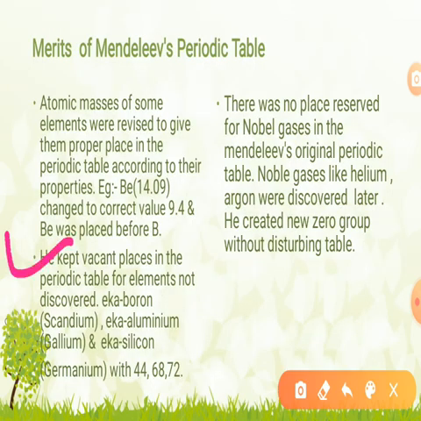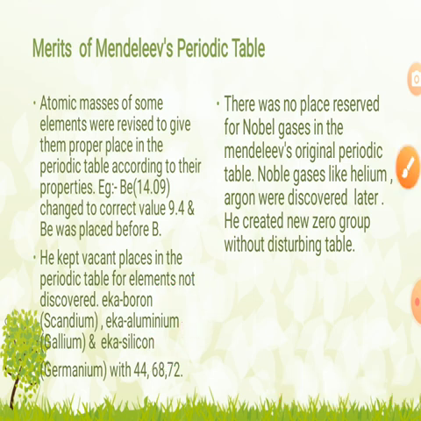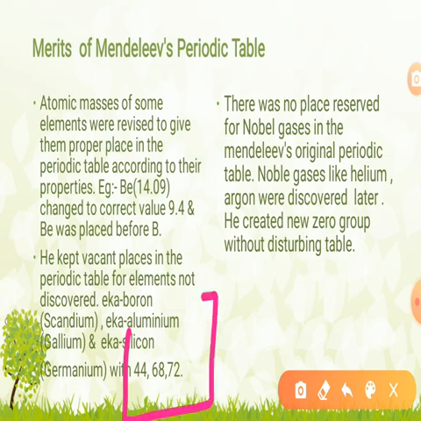Second, he kept vacant places in his periodic table for the elements which were not discovered. The 3 elements, the names he gave are Eka-boron, Eka-aluminium and Eka-silicon, and their atomic masses are 44, 68 and 72 respectively.